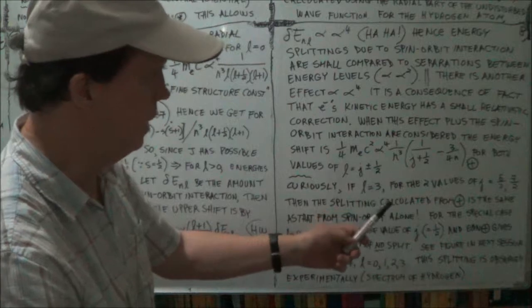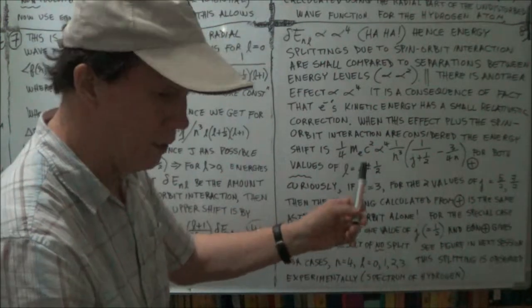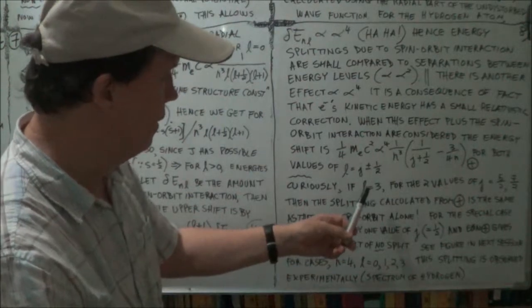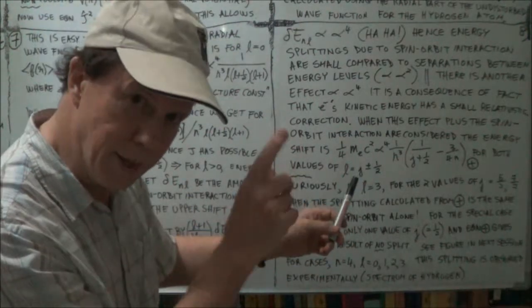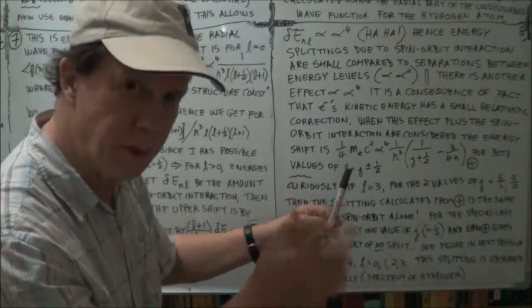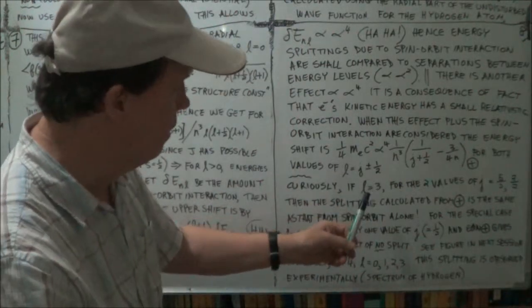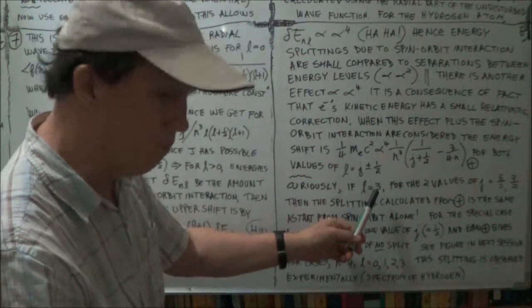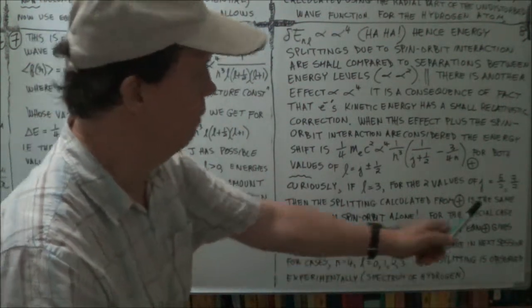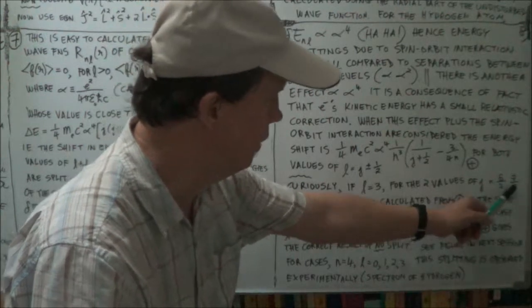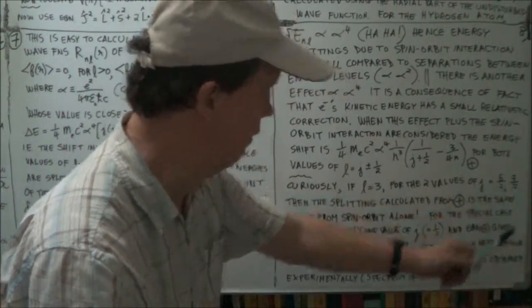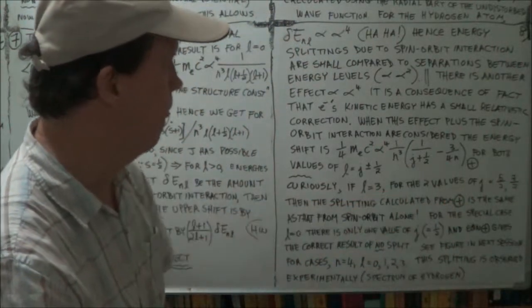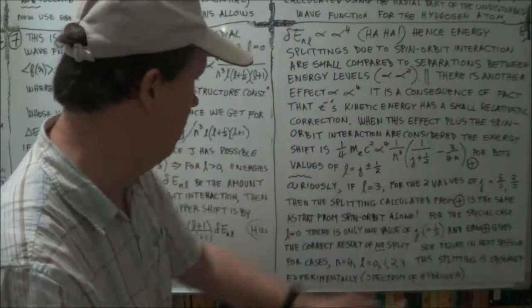The S values are half, so it can be either parallel or anti-parallel. So your J, which is L plus S because it's spin orbit interaction, will be L plus a half or L minus a half. So 2.5, 3.5.